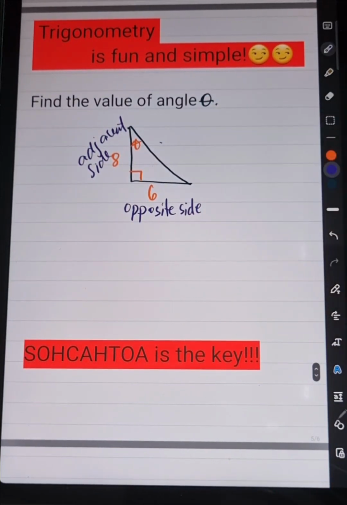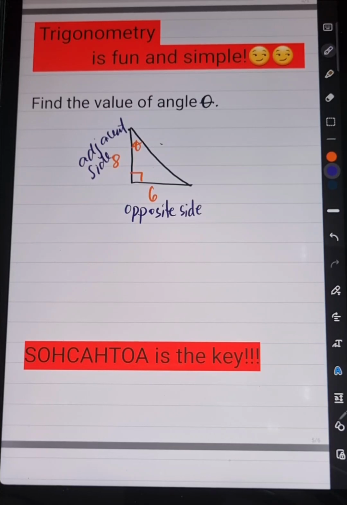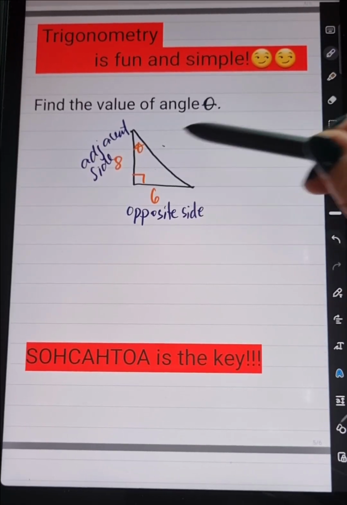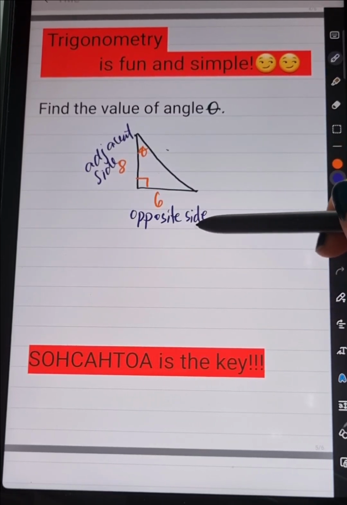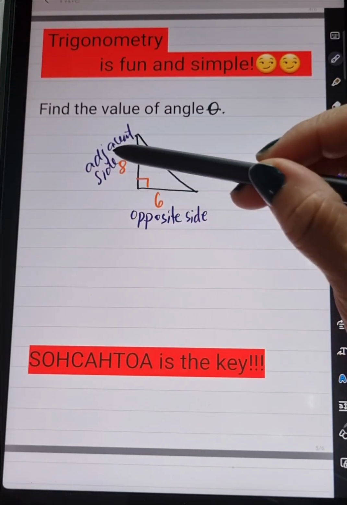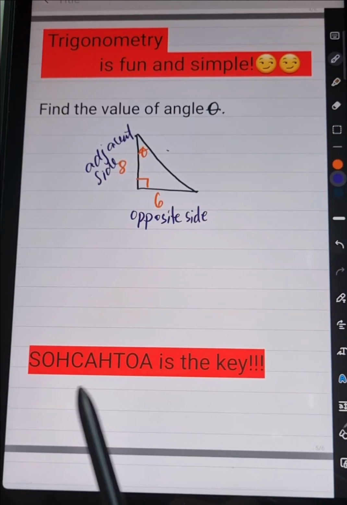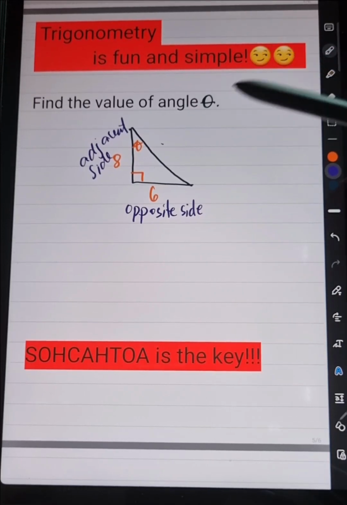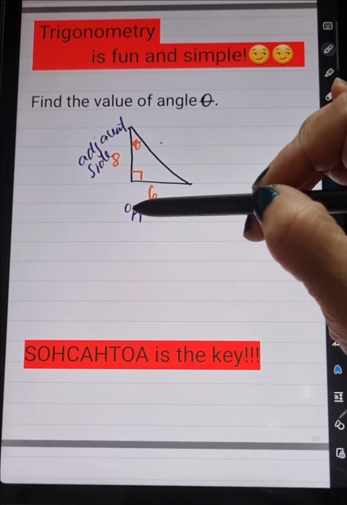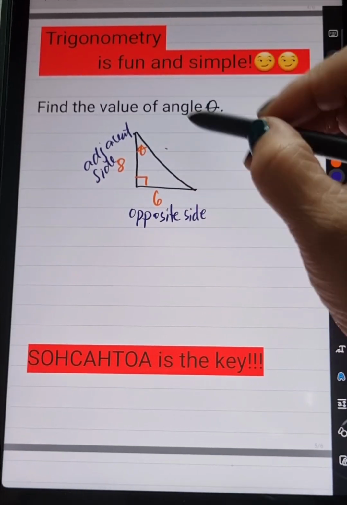Here, again, the unknown here is the angle. So how are we going to find for the angle here, given the opposite side and the adjacent side? Now, what trig function again? So, SOHCAHTOA, this is opposite over adjacent, and that is tangent.